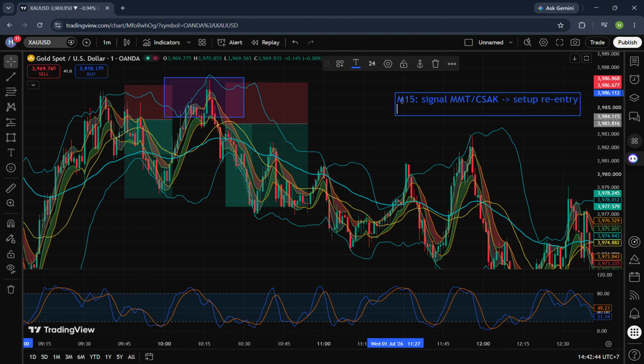When we see the setup re-entry, we don't enter the trade immediately, but we go down to the lower time frame, M5, and see if there is an extreme or not.